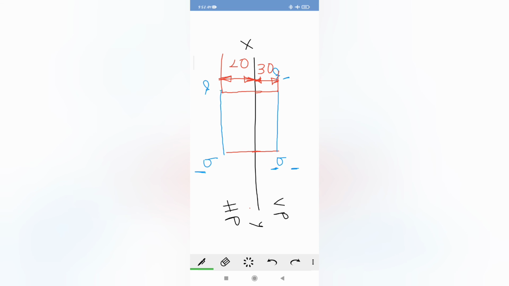as center and with radius AB1, draw an arc. And with your protractor, measure 40 degrees from point A on the line AB1, and draw a line which is nothing but AB.